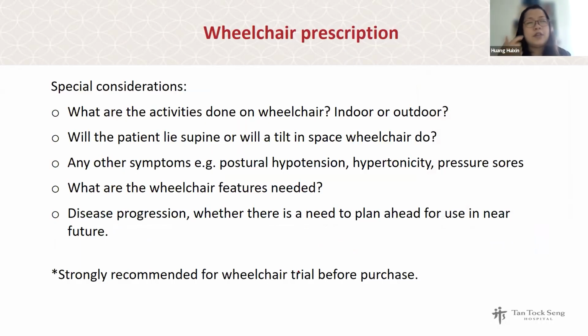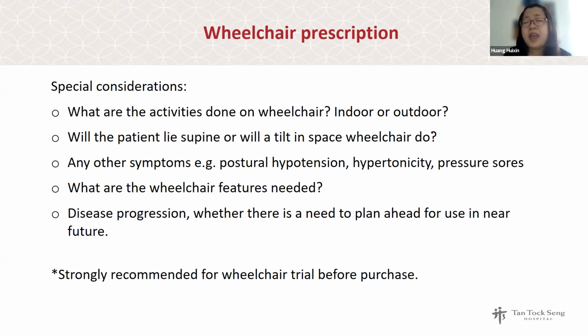Some of the considerations when we are suggesting a wheelchair: we have to understand what exactly this wheelchair is for, and what activities have to be done on it. Is it for indoor or outdoor? Will the patient lie supine, or will a tilt-in-space wheelchair do the job? What are the other symptoms the patient has? Do they tend to have postural hypotension?